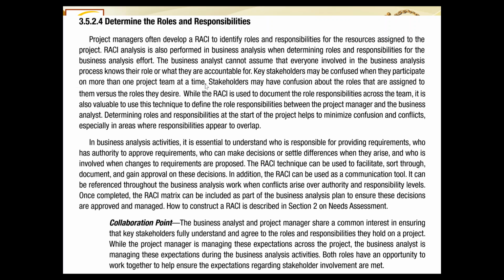So on each project they participate in, they must have a defined role. So RASI charts are available for each and every project or business analysis effort. Then stakeholders may not have any more confusion about their roles and what they are supposed to expect.